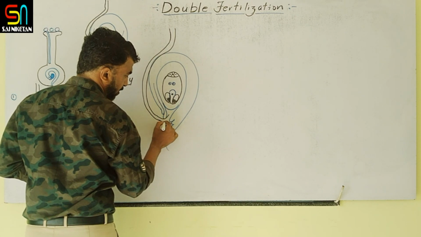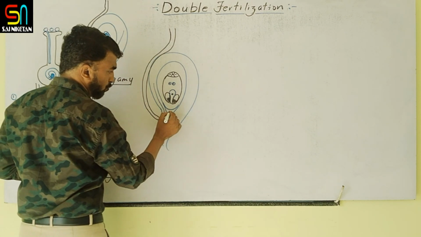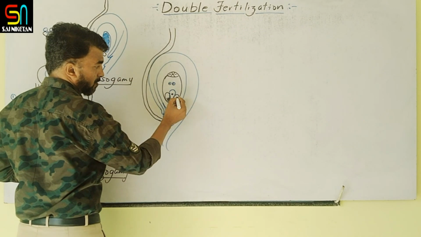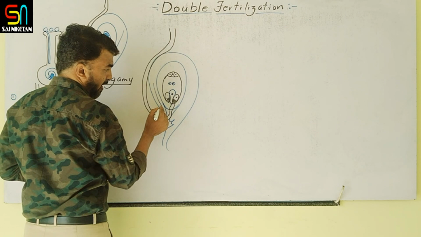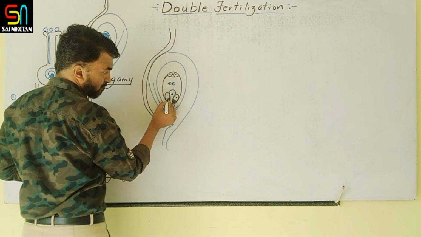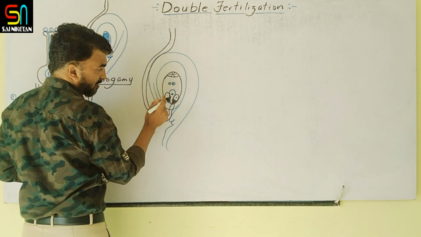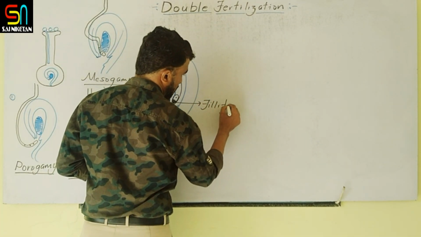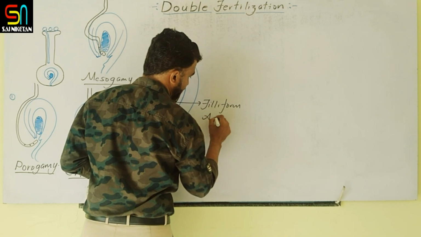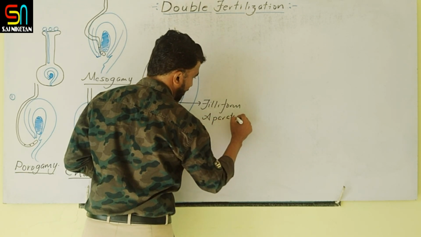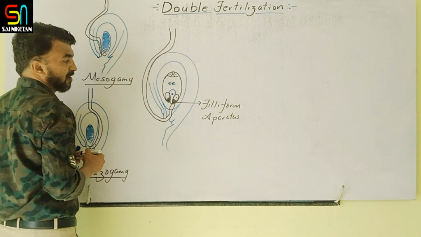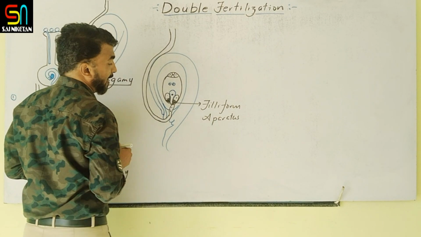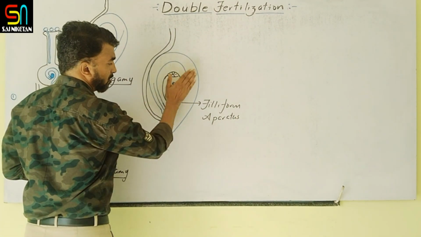It will enter through the micropylar end only and move towards one of the synergids. Clear? This is a synergid, and this black colored portion visible is called the filiform apparatus. This filiform apparatus provides guidance, meaning it will direct the pollen tube towards the egg.